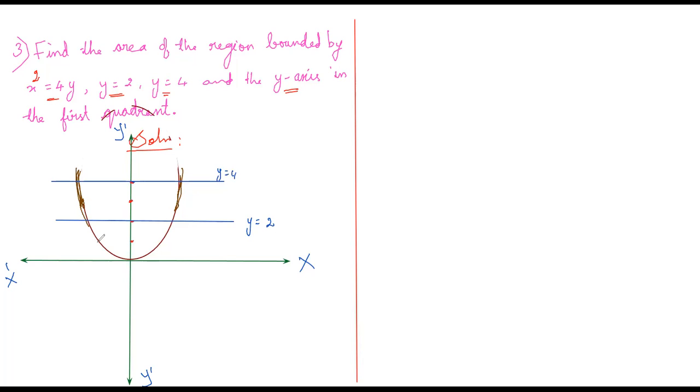So what is the region bounded? Actually, it is in the first quadrant, right? It is the region bounded by the parabola x square is equal to 4y, the line y is equal to 2, the line y is equal to 4, and the y-axis.